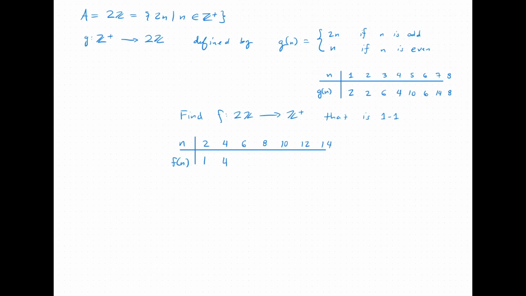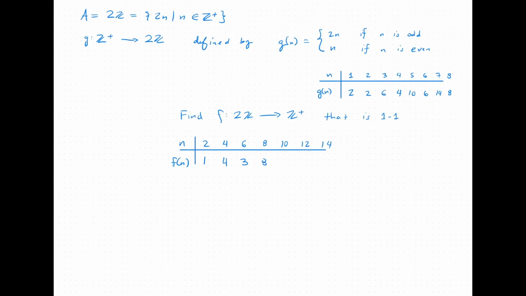Then we get to the next even integer, 6. At 6, we want to ask, what is the least positive integer n that maps to 6? And we see that the answer here is 3. And so we map 6 to 3. 8 only appears over here, so that's just going to be 8.